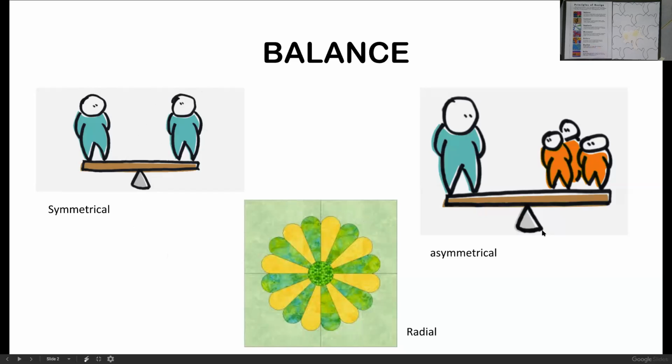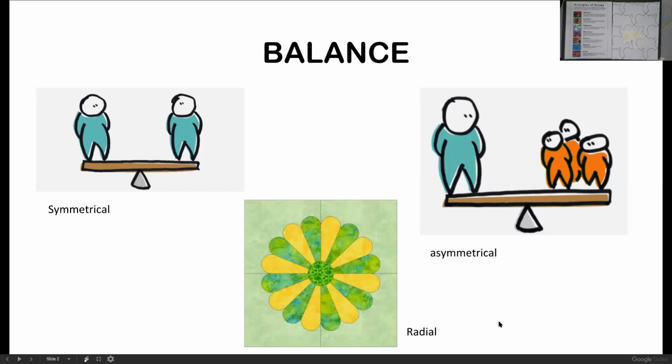Asymmetrical is just a little bit trickier, but not much. What asymmetrical says is that if I have something big on, let's say, the left side, I might need to use 2 or 3 smaller things on the right side to even it out. Once again, think of the seesaw. If Cora and I both hop on the seesaw, neither of us will have fun.